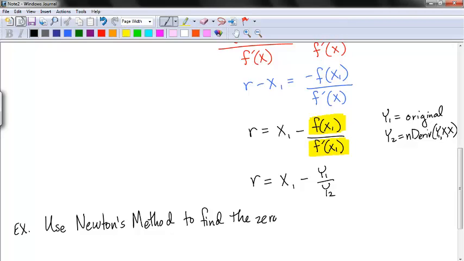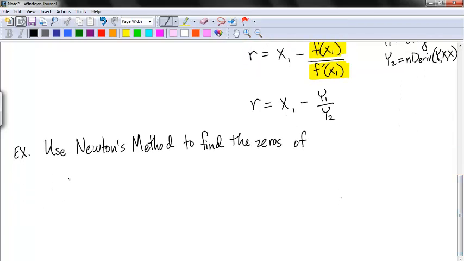Now, when you're going through the homework, it may cross in more than one point, so you have to make sure you're zooming in on the right zero, or there may be more than one answer. Use Newton's method to find the zeros of. Okay, here's the first equation. X cubed plus 3x plus 1 equals 0.